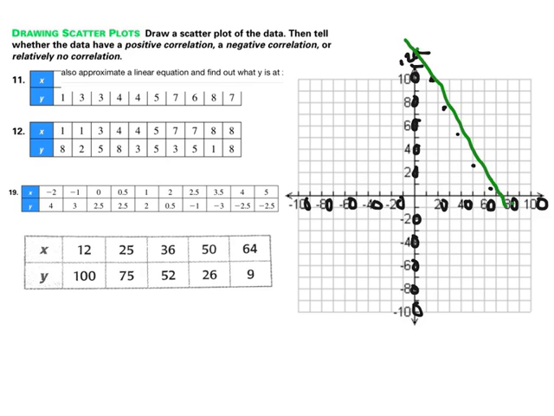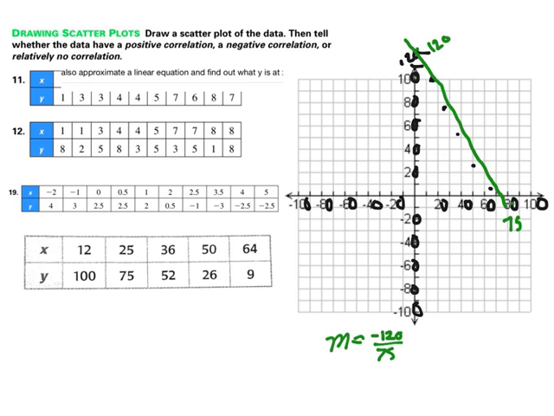Our y-intercept looks about 120. Our x-intercept looks about 75. So that would mean that our slope is a rise of negative 120 over 75, since it's a negative slope.